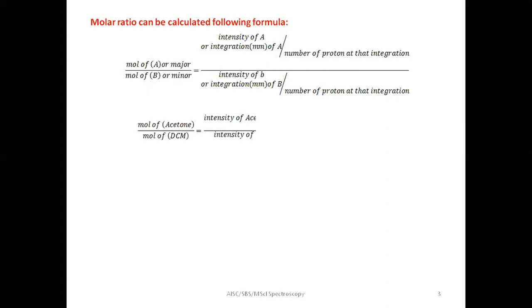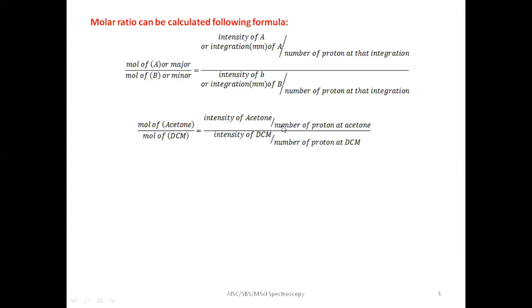So in case of acetone and DCM, the formula is: mole of acetone divided by mole of DCM is equal to intensity of acetone as given in the problem divided by number of protons in acetone, divided by intensity of DCM divided by number of protons in DCM.